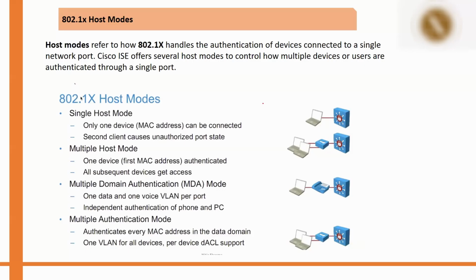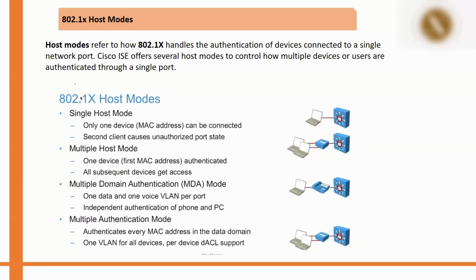Cisco ISE offers several host modes to control how multiple devices or users are authenticated through a single port. When you connect a device to the SSID, or to the wired network, how it has to authenticate and what the host mode is, that is what we are going to see in this section.